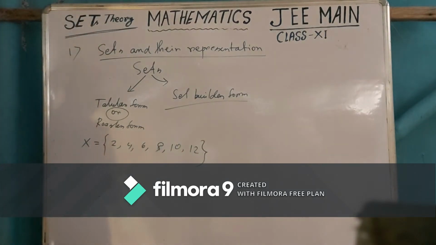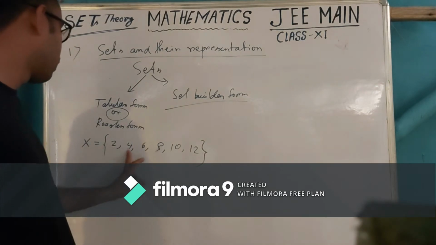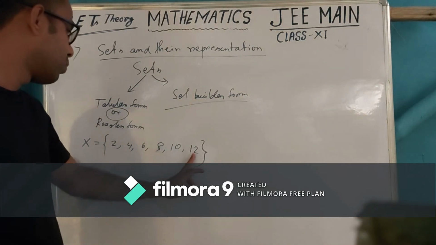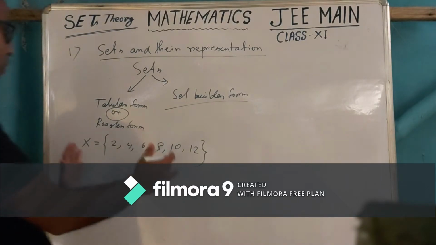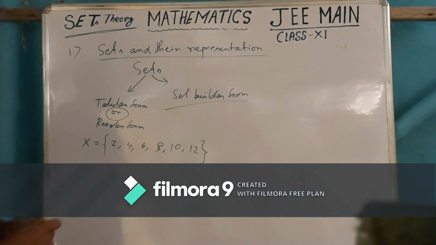Here you see that this set contains all the even numbers 2, 4, 6, 8, 10, 12. This form is called the tabular form.